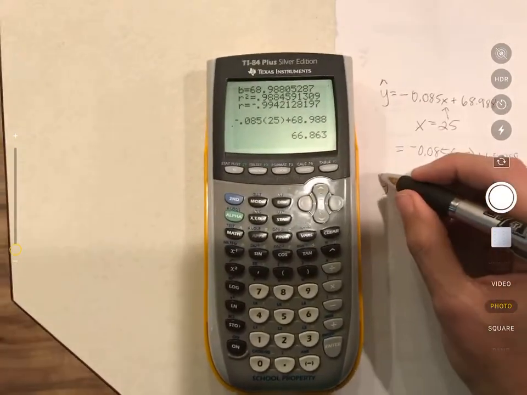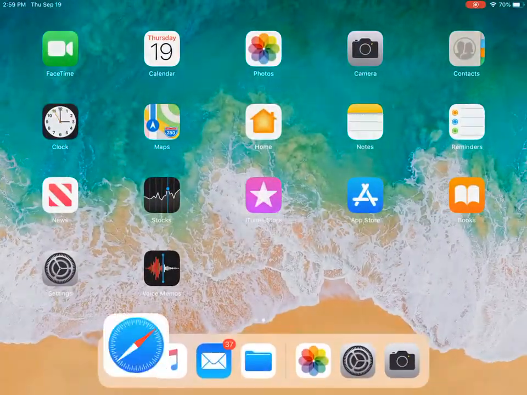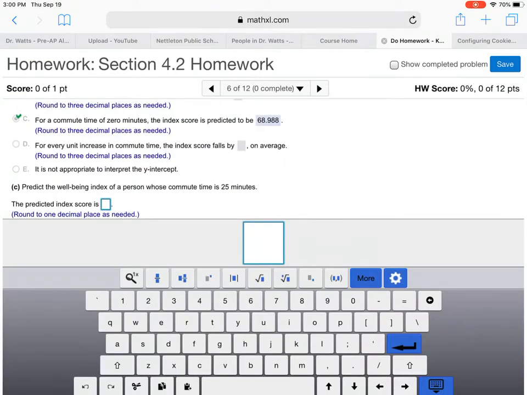And this is y hat. So if I go back to Pearson, the predicted well-being index of a person whose commute is 25 minutes is 66.863.